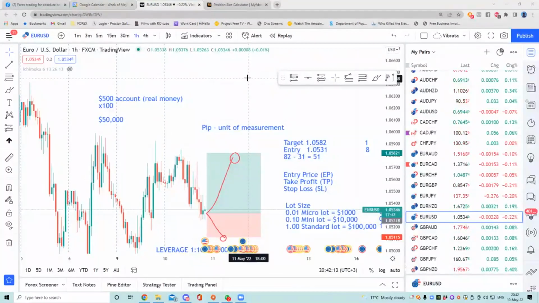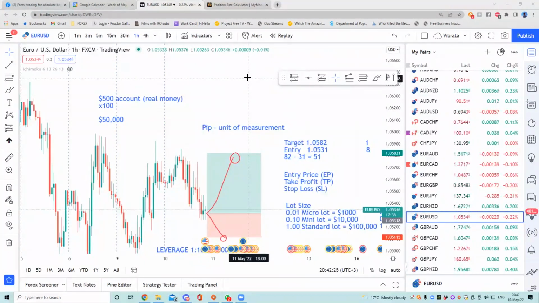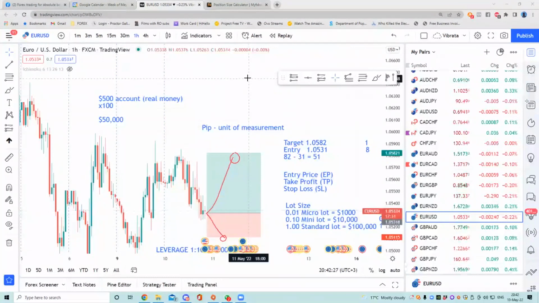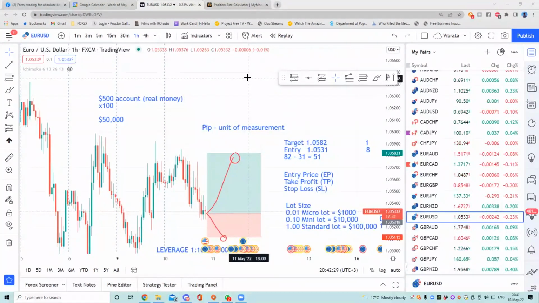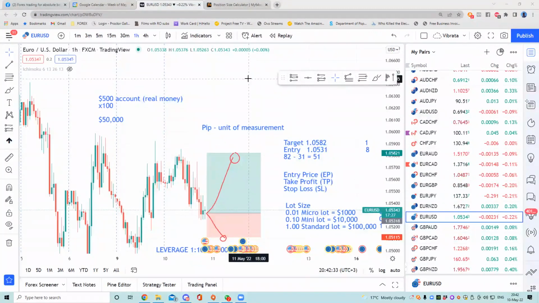This is why I strongly recommend that if you get into trading, start off with a low amount of money you can afford to lose, and build it slowly, because today you start with 500, next week you've got 550. The week after that, you've got 605. The week after that, you've got 660, and so on and so forth. So it builds over time.